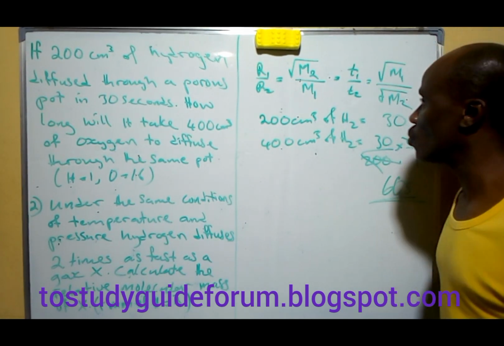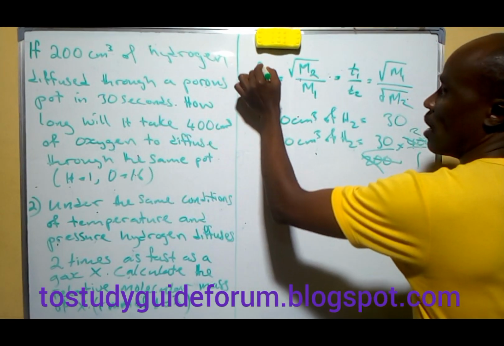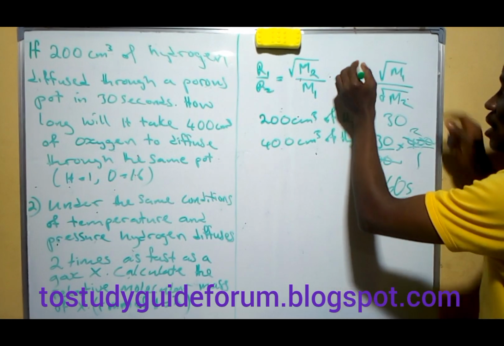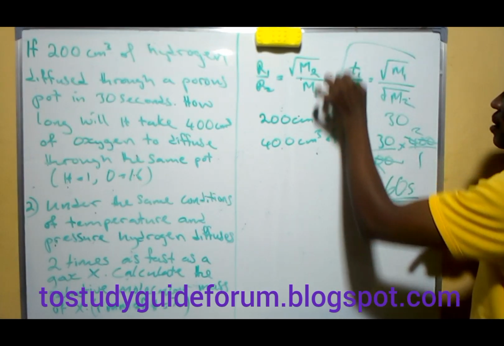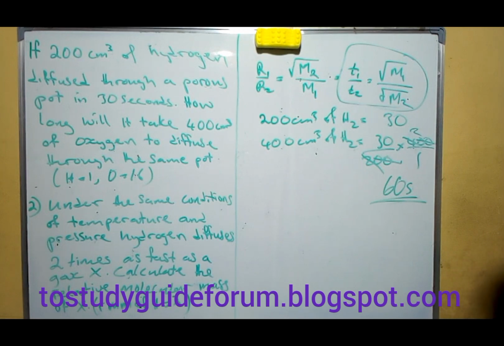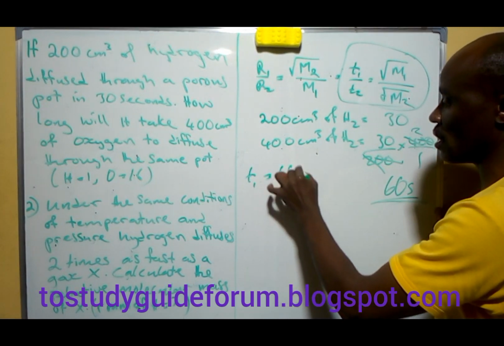Now we will be able to apply this formula. Since we have the time, we don't have the rates. We're not talking about rates here, even though you can convert it to get the rate. But now we're working with this directly. So we have 60 seconds. That means the time for hydrogen is 60 seconds.